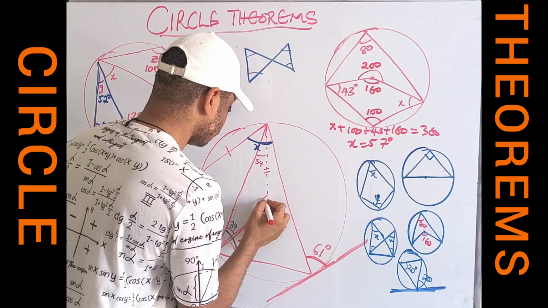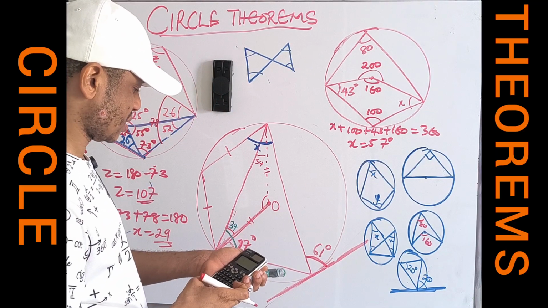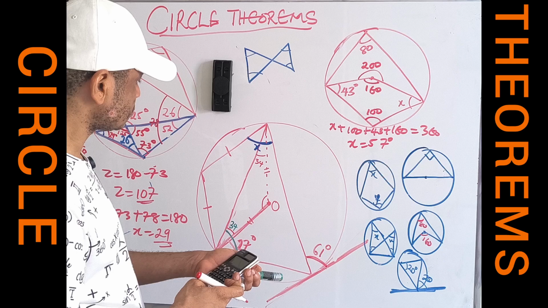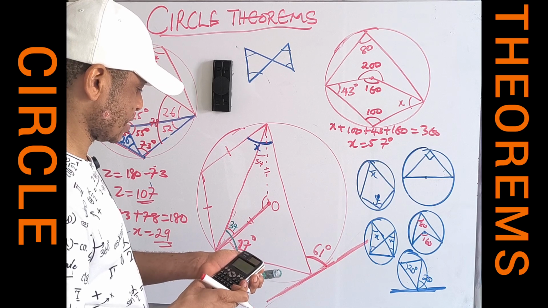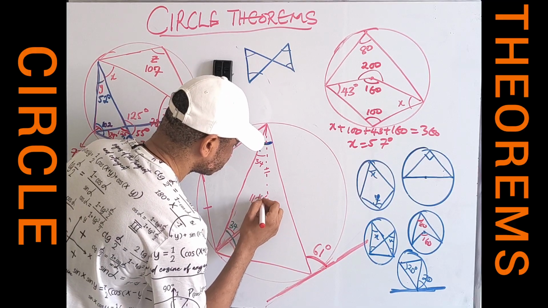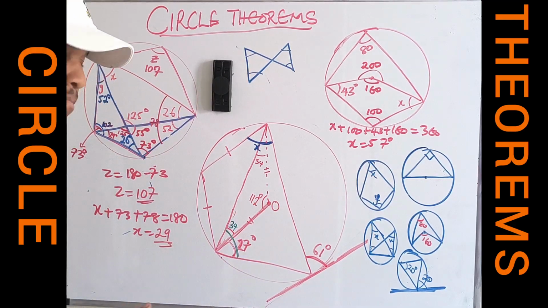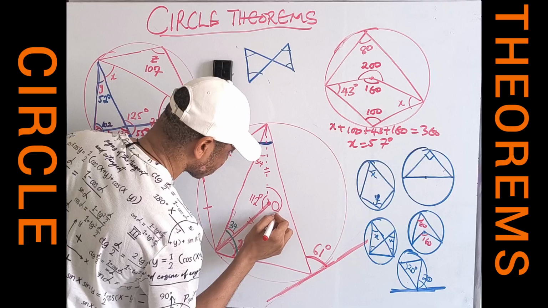So let me find here. So this will give me 34 plus 34 minus 180. So this is 112 degrees. Make sense? Yeah. So the next thing we are going to do is, let's find this back side.